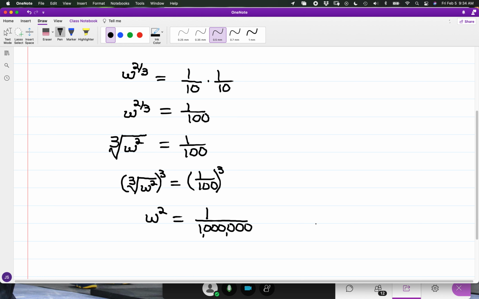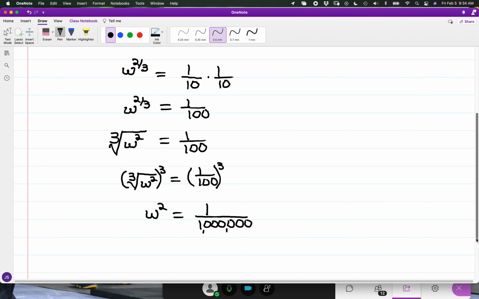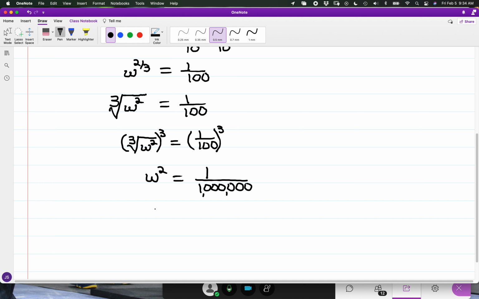And now in terms of the follow through, in configuring what w is going to be, with the square root property of equality, you have x squared is equal to p, and then x is plus or minus the square root of p. So we have x represented by w, p by 1 over a million. As I go from w squared to w, you have plus or minus the square root of 1 over a million.